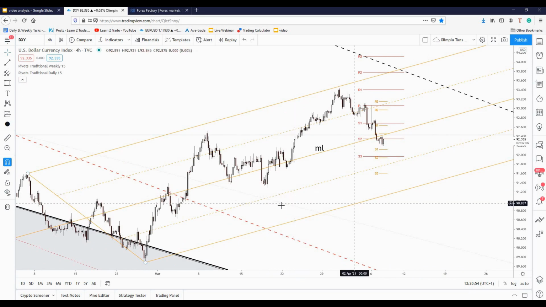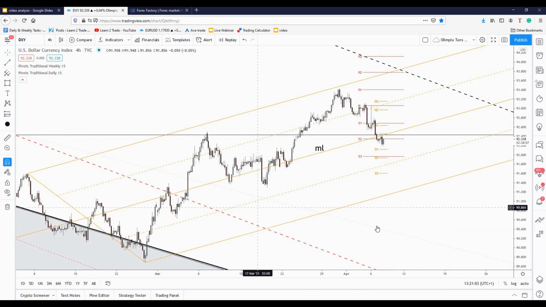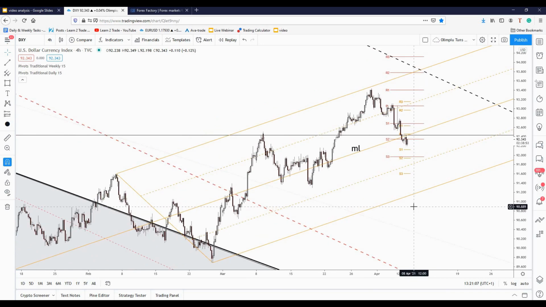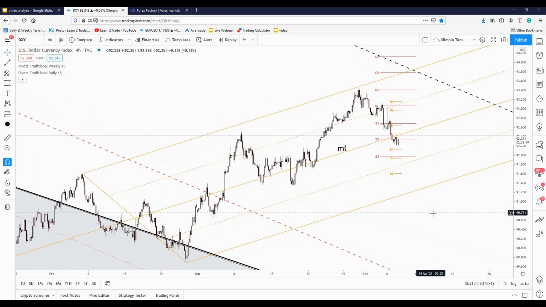And tonight, very important, we'll have the FOMC meeting minutes. This report will be released tonight, and this is a high impact event and most likely will bring high volatility on the US dollar index and also on the euro versus the US dollar.